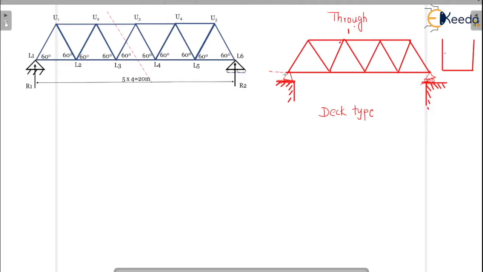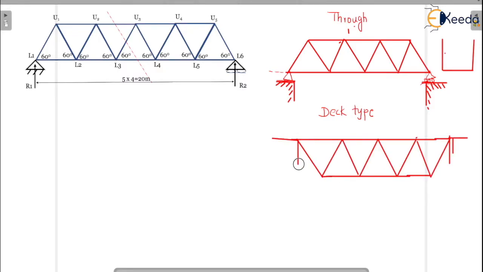If it is turned upside down, it is like this. Whereas this part is the road level. So this is a typical deck type trussed bridge. These are the basic differences. This is a through type and this is a deck type.